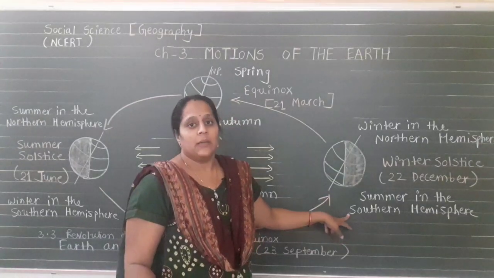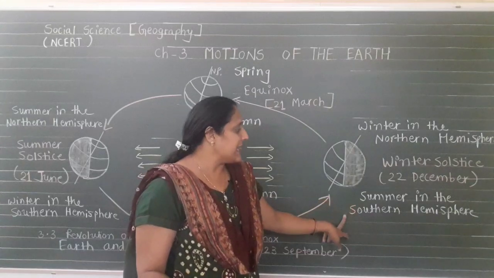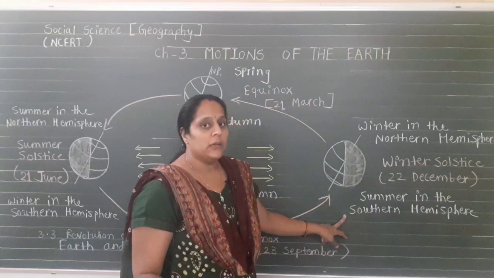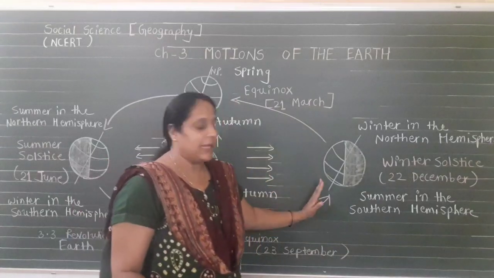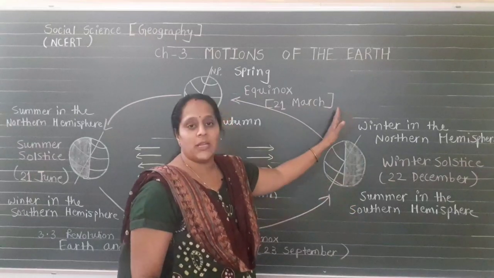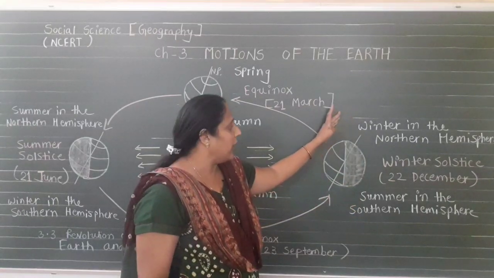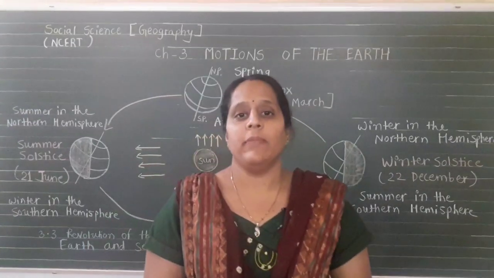They get maximum heat from the sun. That's why this part experiences summer. Then in the opposite direction, in the northern hemisphere, it is winter, because at that time they can't get direct sun heat.